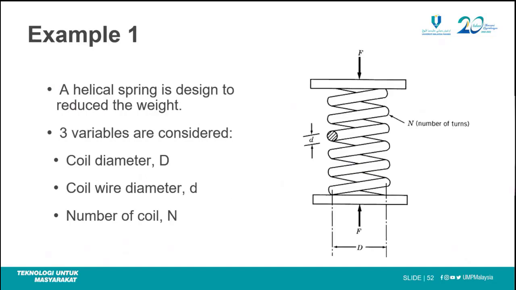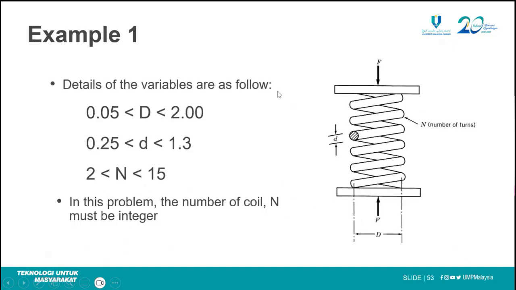For example, here is again a spring example. A helical spring is designed to reduce the weight. Three variables are considered: coil diameter D, coil wire diameter small d, and the number of coils n, the number of turns. The details of the variables are as follows.